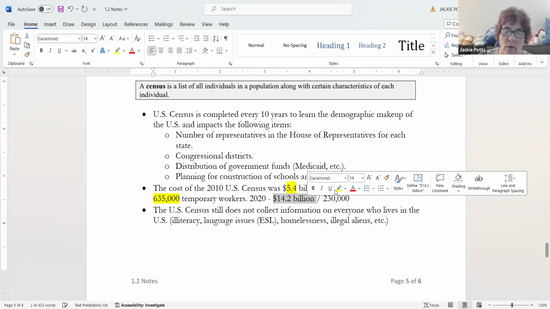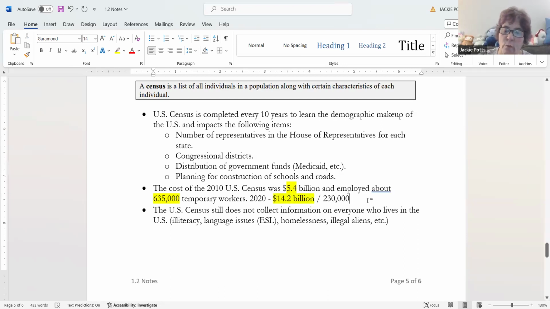Now, last count, $14.2 billion. That's a lot of money. It's also why we only do it once every 10 years. Well, if it tripled, basically, in 10 years, what's it going to cost us in 2030 when we do it again?